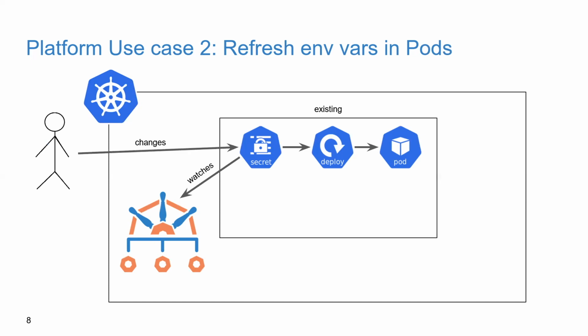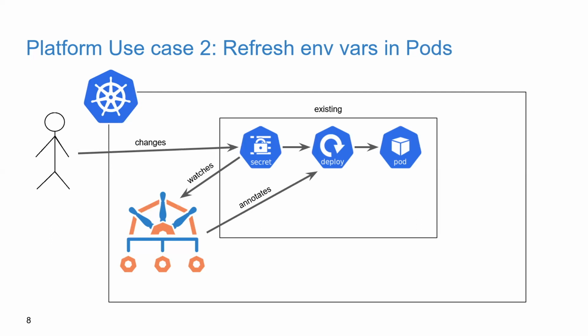If there is a change that's detected, perhaps by a user or by a process that makes no difference, Kyverno is going to see that. And in this case, it's going to be able to respond by finding the deployments that consume that secret as an environment variable, and it's going to annotate the deployment within the pod template area. And the effect that this is going to have is it's going to create a new rollout, which means that new pods are going to get spawned.